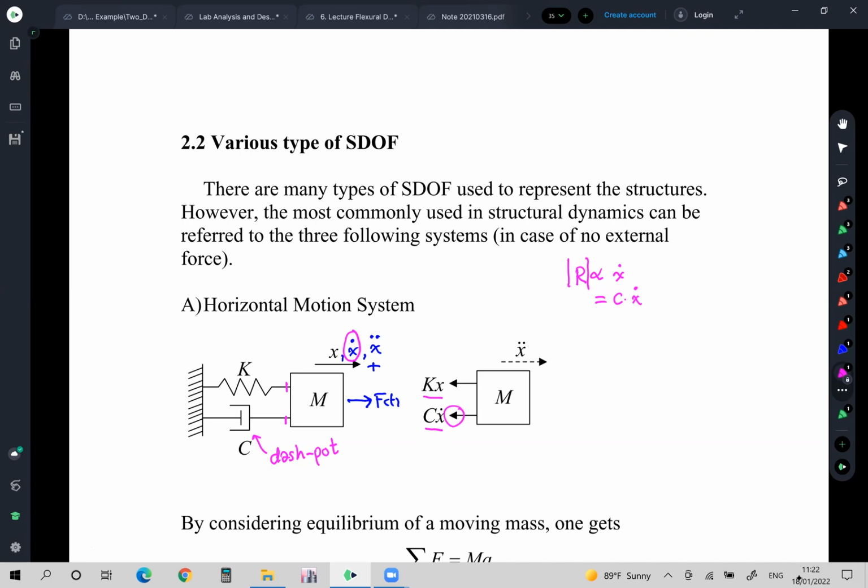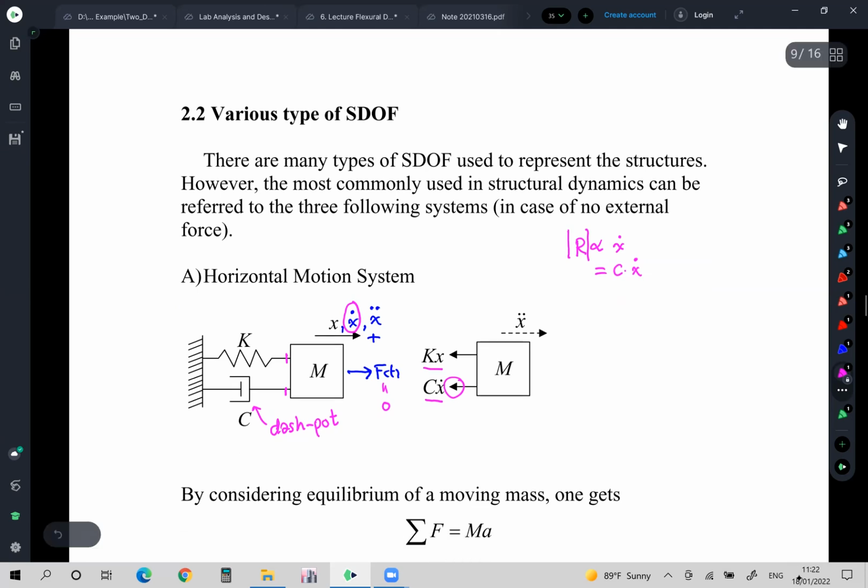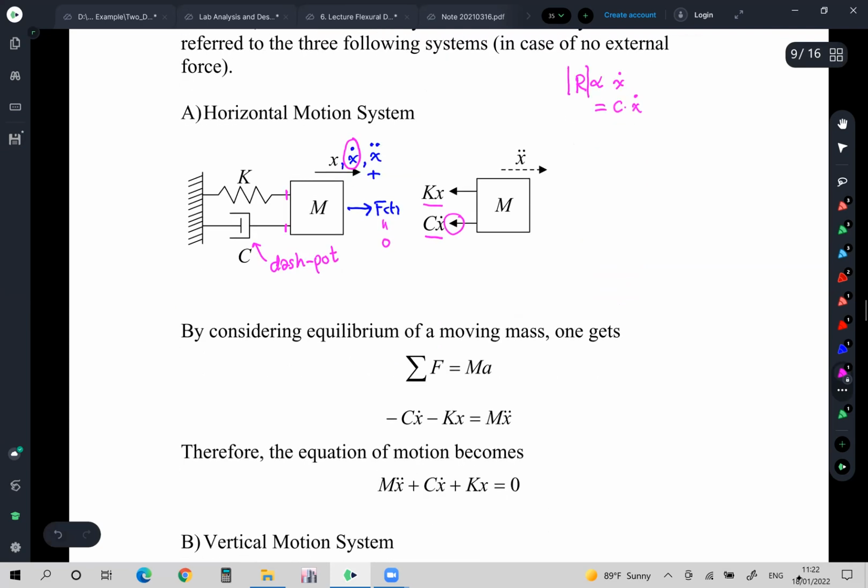And if I assume my external force here is 0, no external force, just the movement of the mass and the spring and dashpot themselves. From the second law of motion from Newton, right? Law of motion. Summation F equals MA.